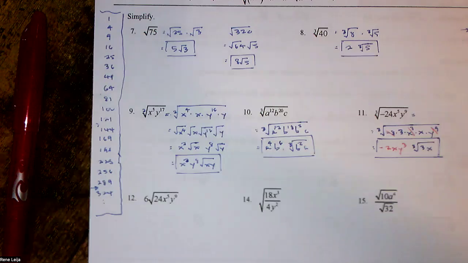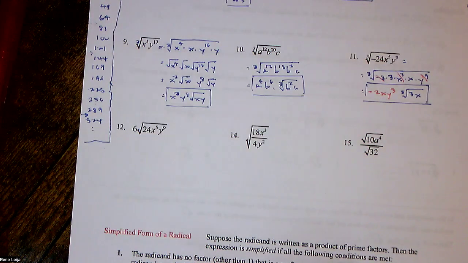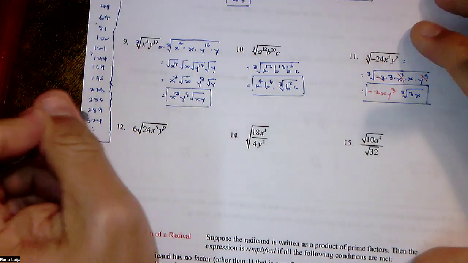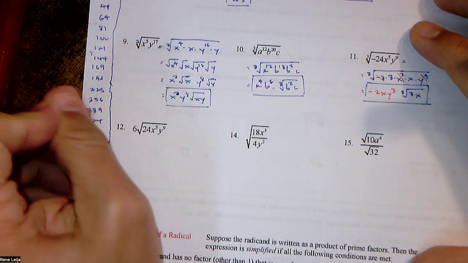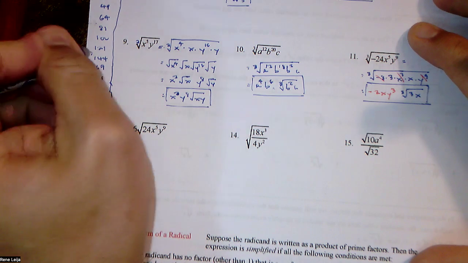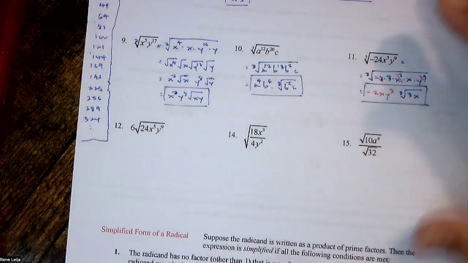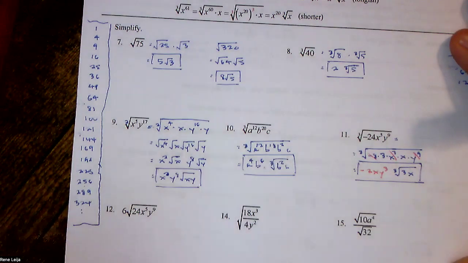All right, now number 12, we're back to square roots. Let me erase this arrow. Okay, so we have the 6 that's out front, and then I have the 24.